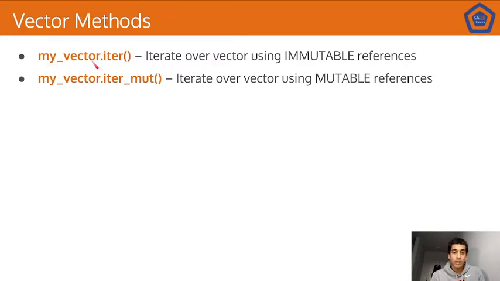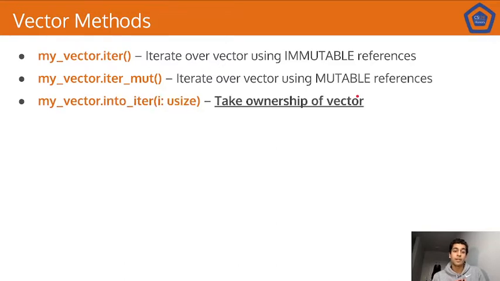You'll iterate over a vector using immutable references, so you'll get a reference to each element in the vector, and you'll be able to do something with it, whether that be printing it out, taking a sum, accumulating it somehow, whatever it may be. And along the same vein, iter_mut iterates over a vector using mutable references. So your vector must be mutable in order for this to work.